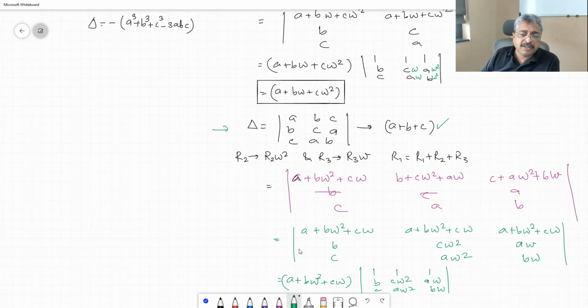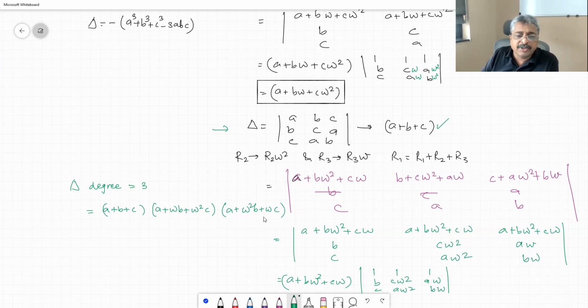So we ended up getting 3. The degree of the given delta is equal to 3, and we already got 3 factors: A plus B plus C, A plus omega B plus omega square C, A plus omega square B plus omega C.